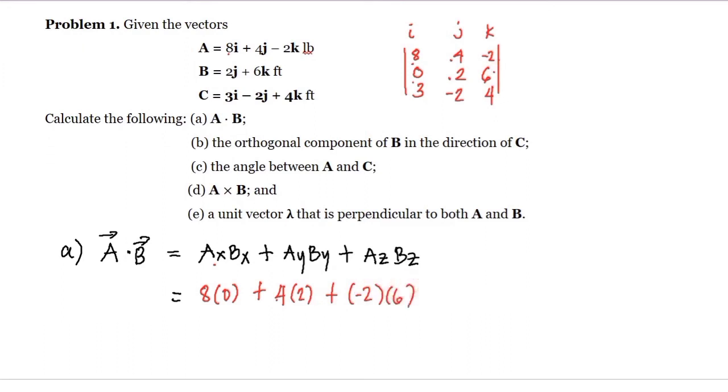Computing for this, the dot product of A and B, that's 0, this is 8, and this is negative 12, so 8 minus 12 is negative 4. The unit for A is pound, and the unit for B is foot, so we have here pound foot.